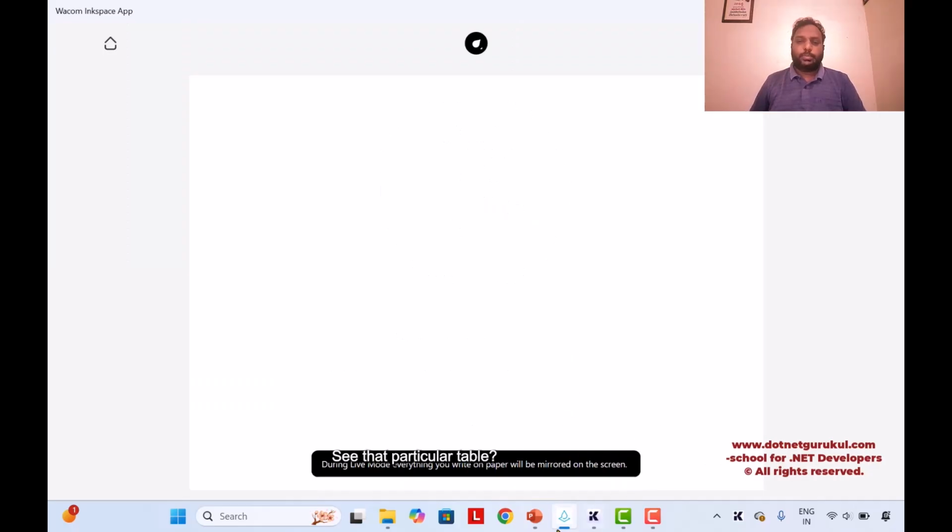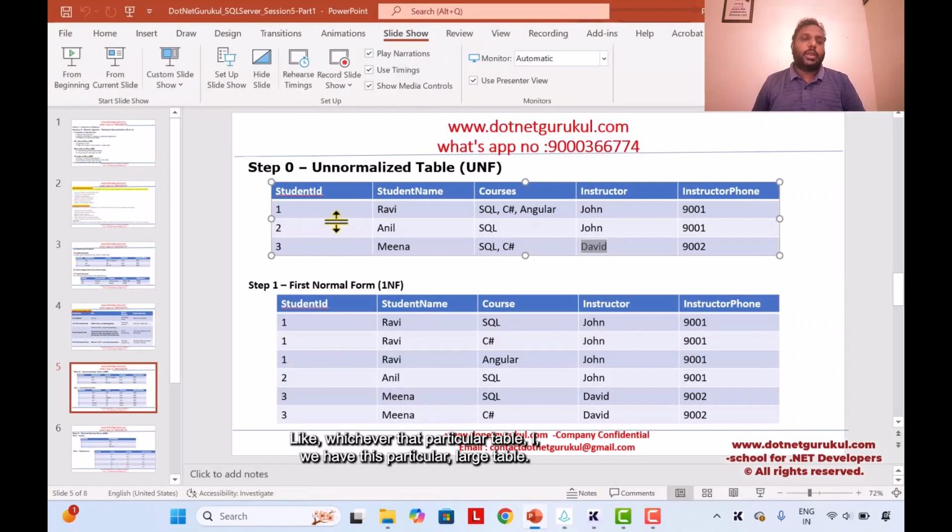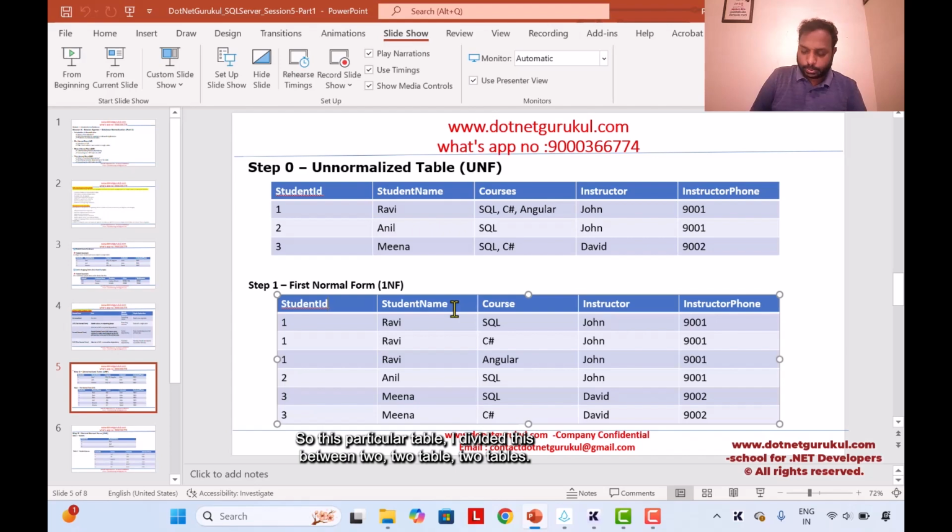See that particular last table we have? I divided it into two tables.